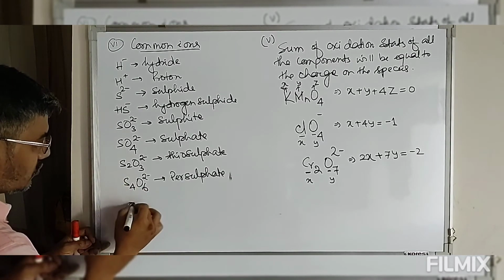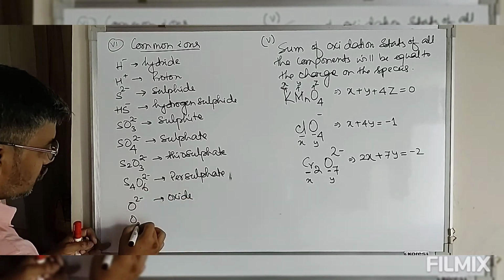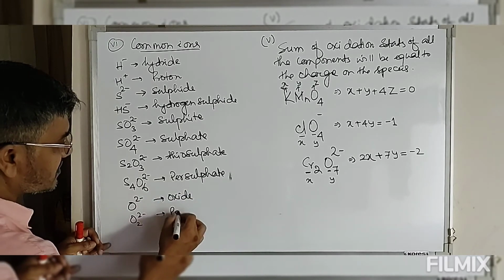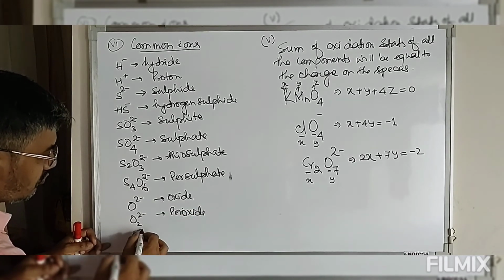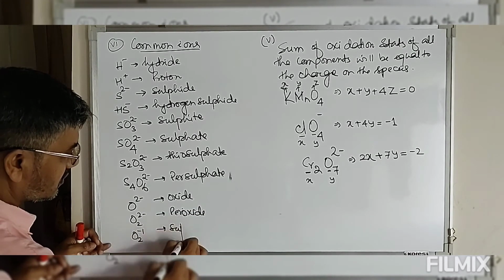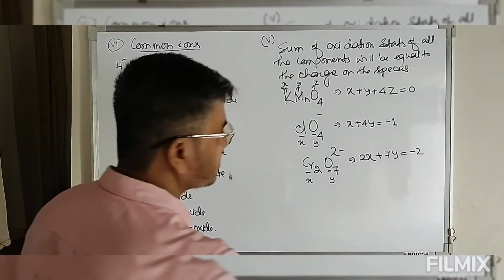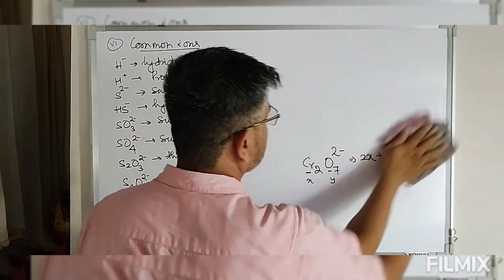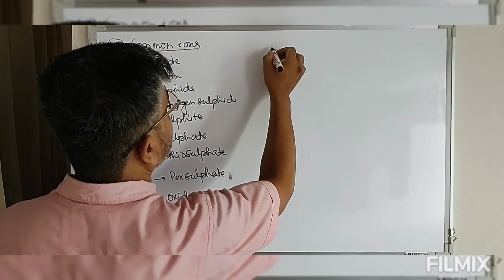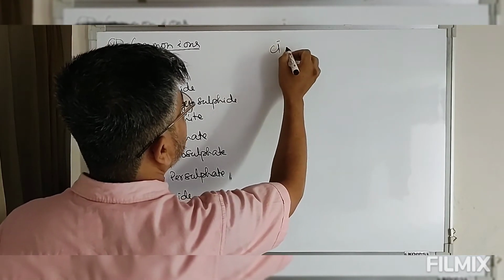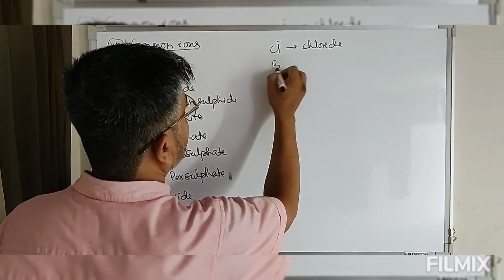Similarly, O2 minus, oxide. O2 2 minus, peroxide. O2 minus 1, superoxide. Then we have Cl minus, chloride ion.